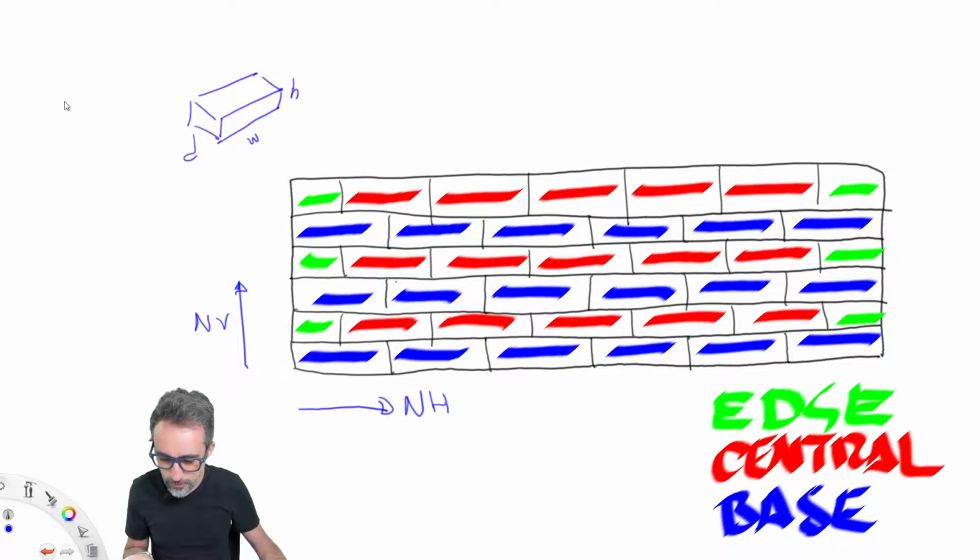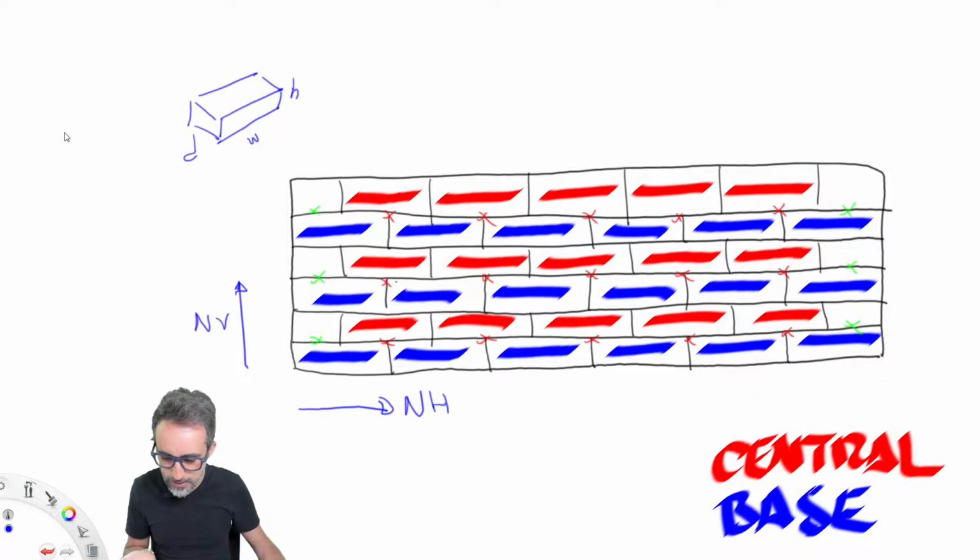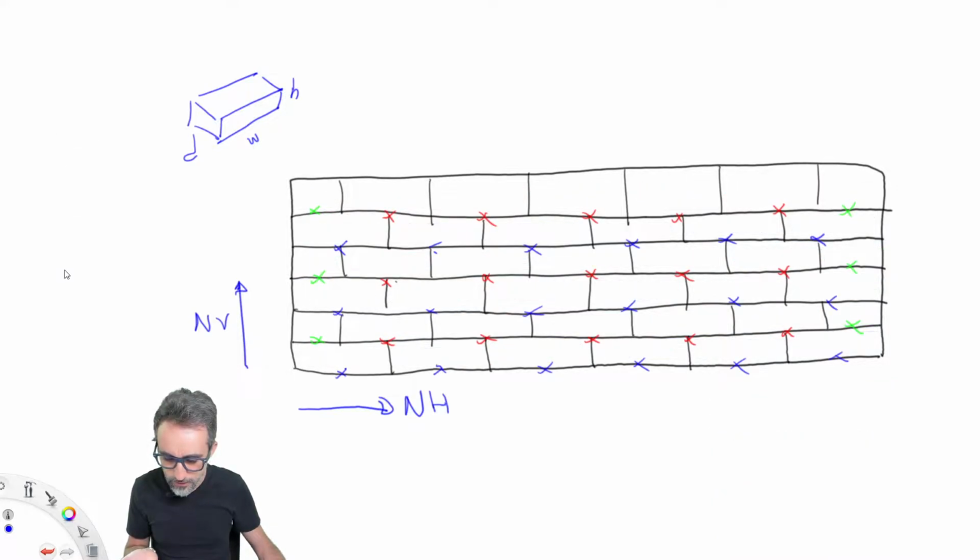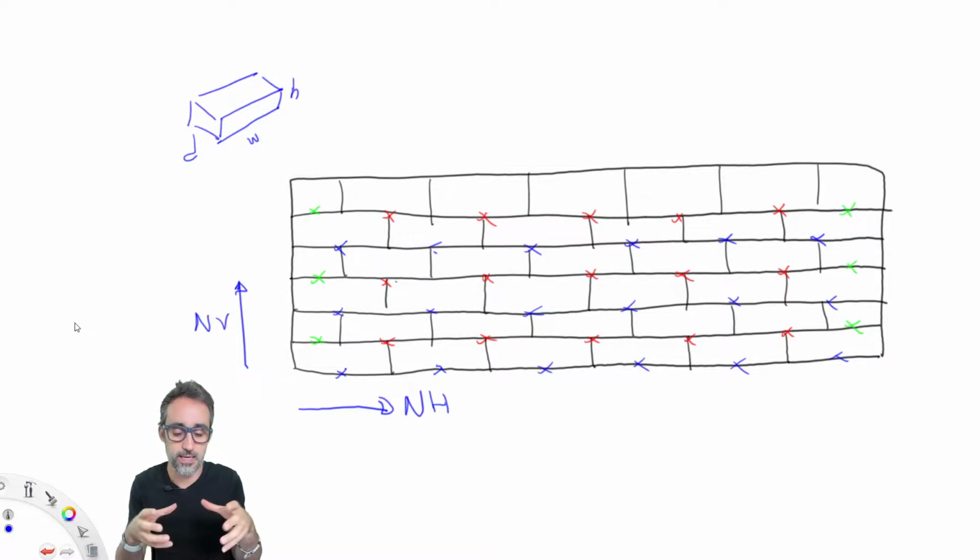As you can imagine, the problem is going to be as simple as generating 3 families of points, or better yet, 3 families of planes, on top of which we will generate these boxes with the controlled dimensions minus the offset of the mortar.